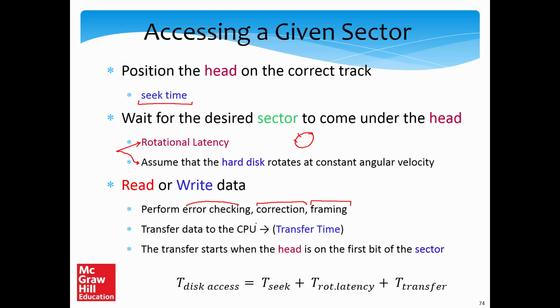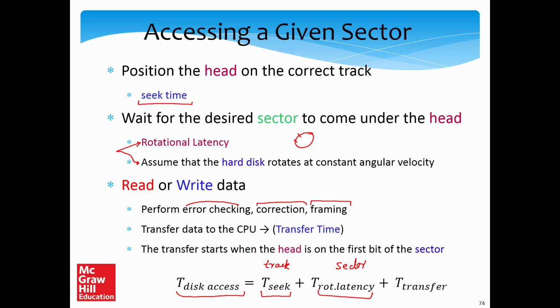So if I include all of these components, where the transfer basically starts when the head is on the first bit of the sector, what we will see is the total disk access time is the seek time, which again is getting the head on the right track. Once you're on the right track, the rotational latency gets the head to the right sector.